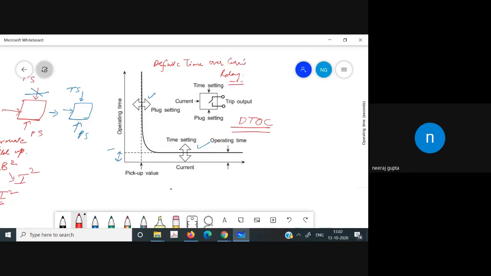Now, after that, we will have the inverse time overcurrent relay.